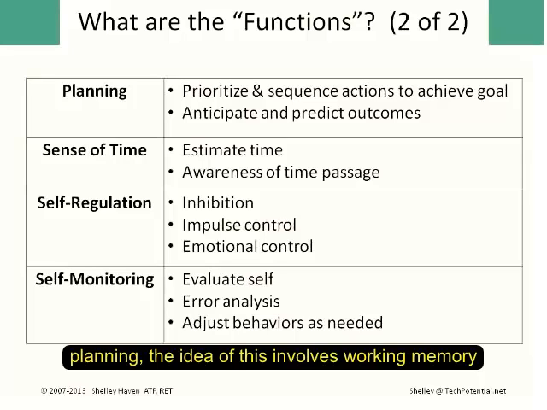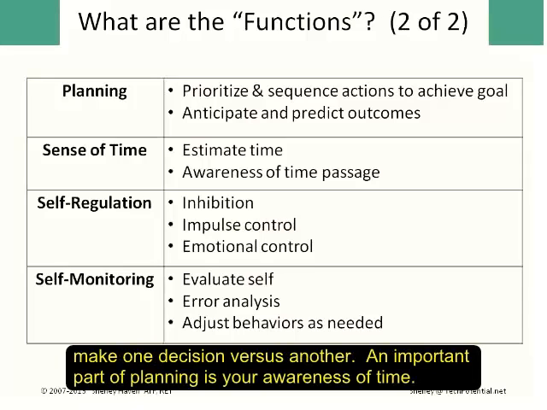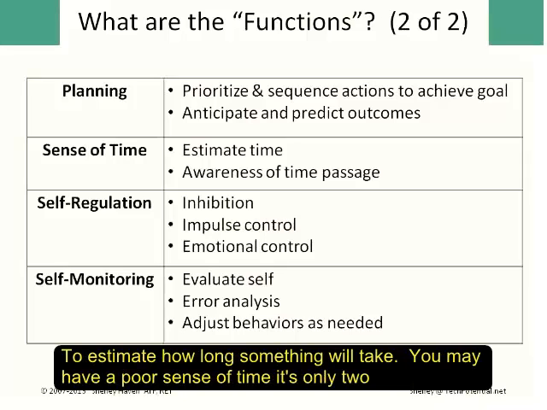Planning involves working memory also. It's prioritizing and sequencing your actions and anticipating outcomes if you make one decision versus another. An important part of planning is your awareness of time, your ability to estimate how long something's going to take and do it accurately, and also your awareness of time passage.